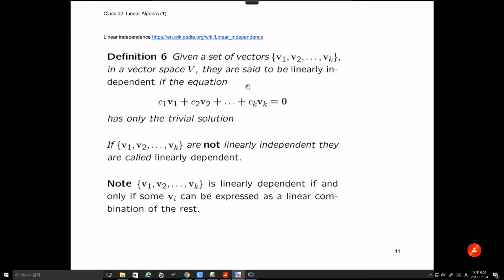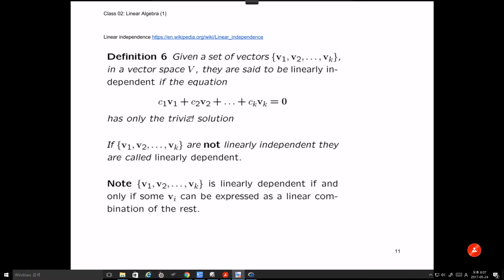Now, given a set of vectors V1, V2, ..., Vk in a vector space, they are said to be linearly independent if the equation has only the trivial solution. This means that when we want to find the solution C1 to Ck, the only solution that satisfies this equation is all Ci equal to 0.